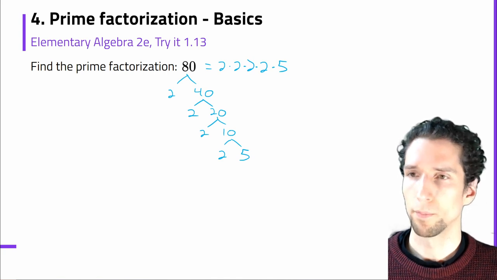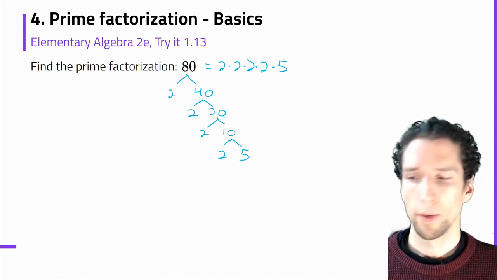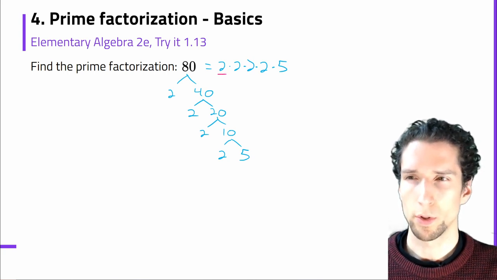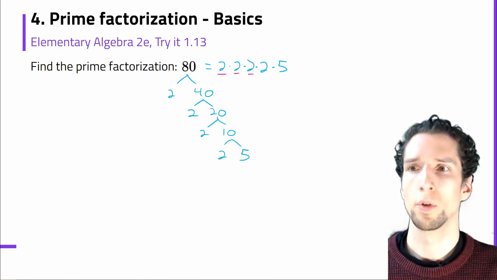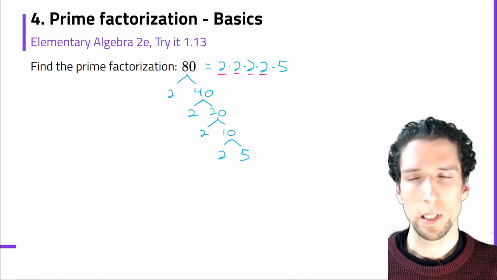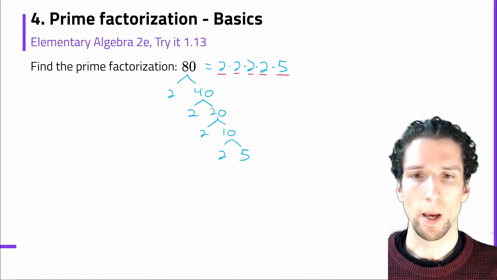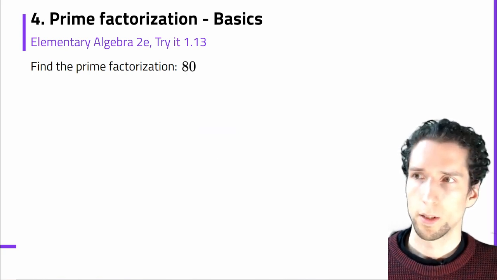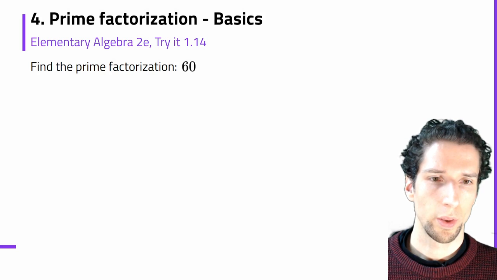Okay, so there we go. If we want to check our work, just actually multiply these together. So 2 times 2, 4 times 2, 8 times 2, 16, 16 times 5, 80. Yep, okay, right answer. All right, that's my turn, your turn with 60.